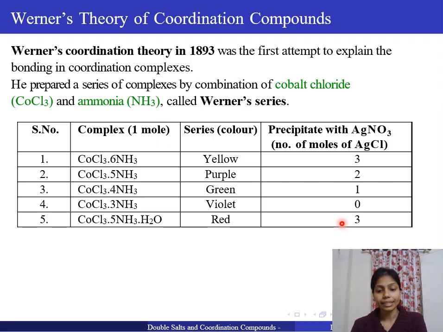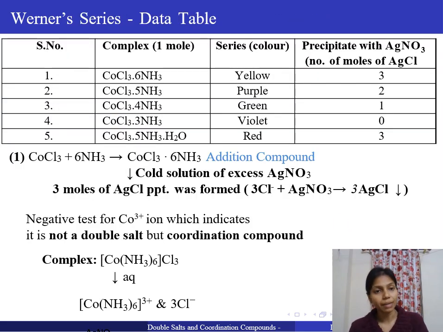Then, to explain what compound actually formed, he gave some postulates from his experiments, which gave the concept of the coordination compound. He said the first complex, with the 1:6 ratio of cobalt chloride to ammonia, may form this type of complex where this portion is inside the square bracket and 3 chlorides are outside.